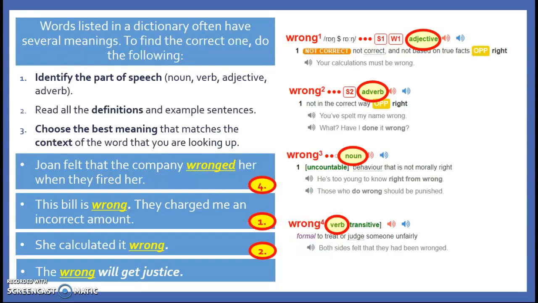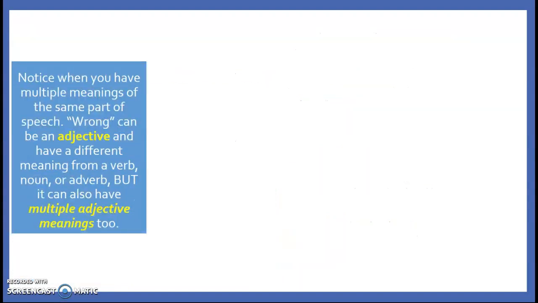In the third sentence, she calculated it wrong. In this way, the word is used as an adverb, meaning not done in the correct way or not done correctly. The wrong will get justice. In this sentence, the word is a noun, meaning not morally correct or not morally right.